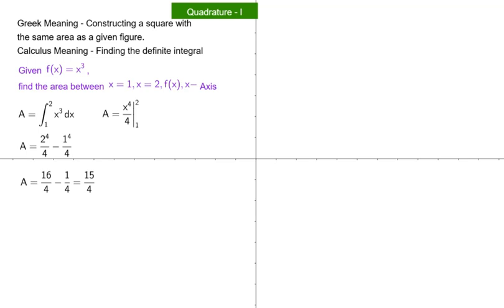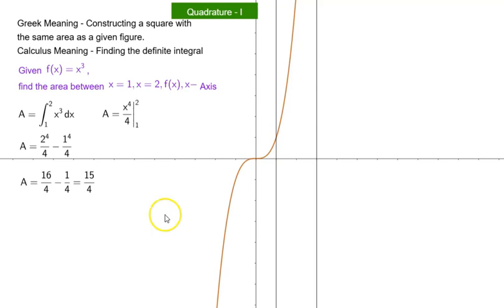I'm sure you are familiar with this. Let's see. This is the graph of x cube, but we are interested in from x equal to 1 to x equal to 2. That is the boundaries. Now, x equal to 1 and x equal to 2 are vertical lines. So, let's draw those lines.